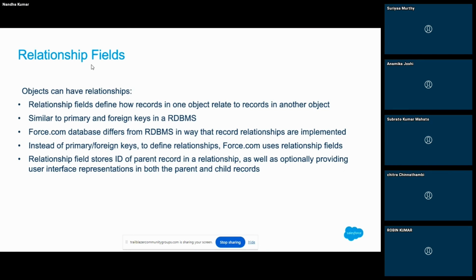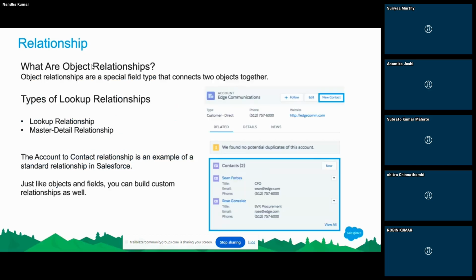So if you want to relate one table with another table, you can use the relationship field in Salesforce. And the way we are establishing the relationship is different from what we do in an RDBMS. Okay, but the concept is the same. We have a primary key and a foreign key, something like that. But in Salesforce, we are doing this in a different way.